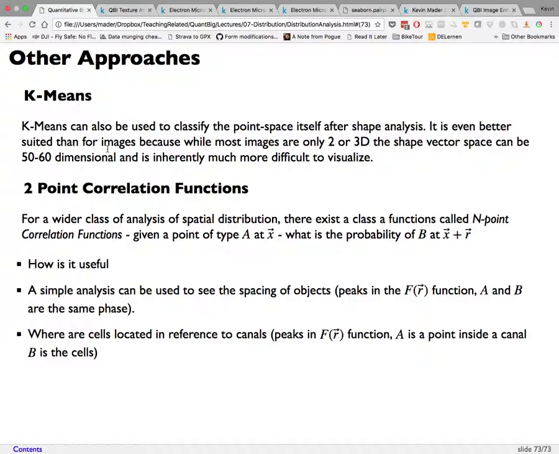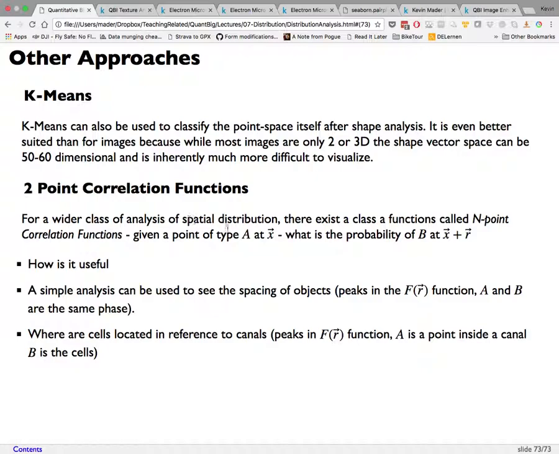Particularly when you've done a full shape analysis, you have quite a few features you can look at. And then there's the 2-point correlation function. This is something we won't talk about very much, but it's really the ultimate tool that you eventually get to that allows you to quantify any interesting distribution you might see in a system.